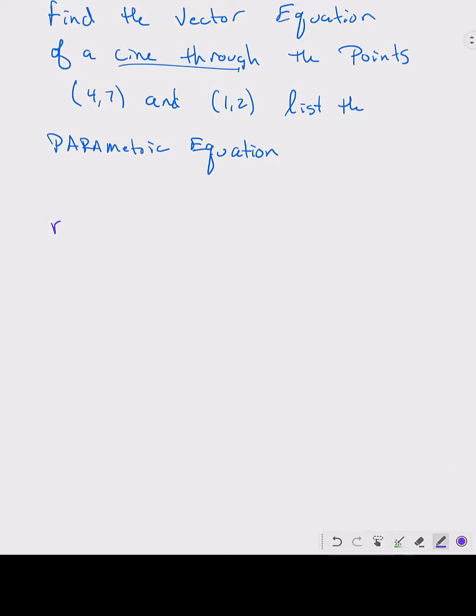So the vector equation of a line, usually our textbook uses r, and that's pretty common. r equals r naught plus t times v vector. This t is the input for this vector equation, and this is called the parameter.